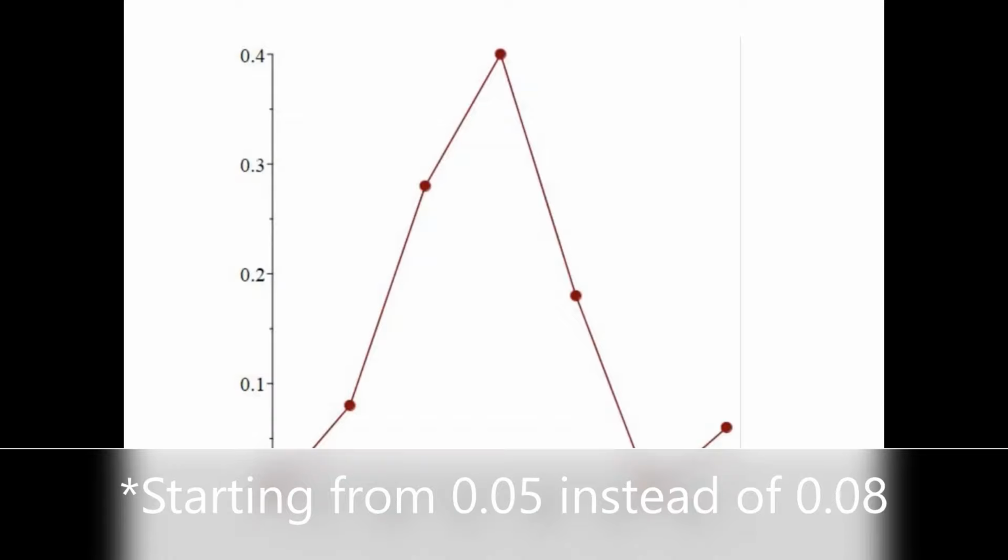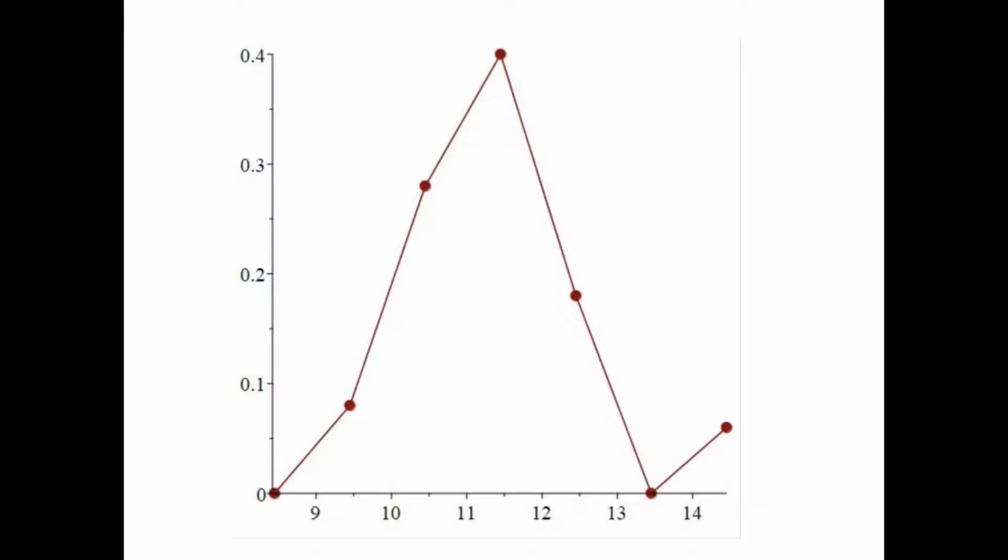The y-axis data sets are the same, starting from 0.08 and going up to 0.4. And we see that the midpoint of the first interval, 8.95 to 9.95, would be 9.45, which has the data value of 0.08 along the y-axis, which is the second point on the graph.